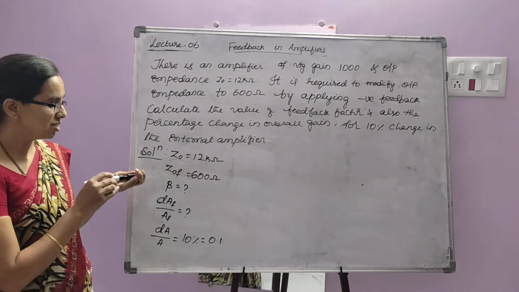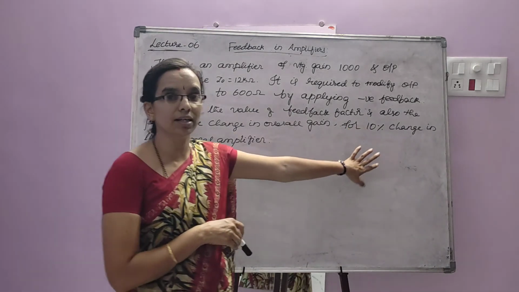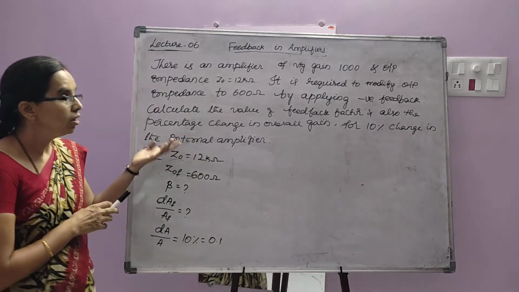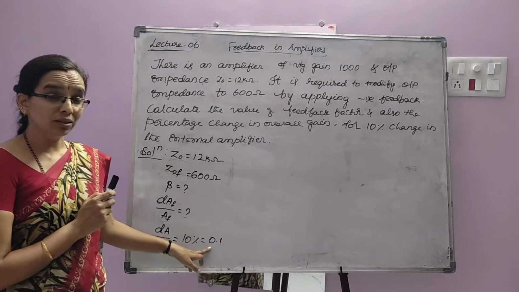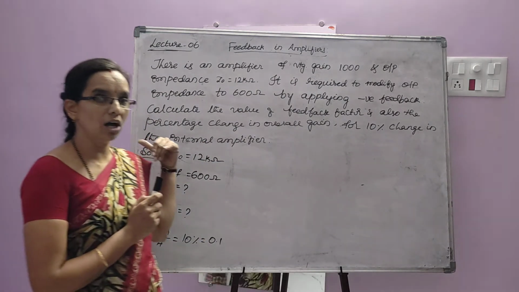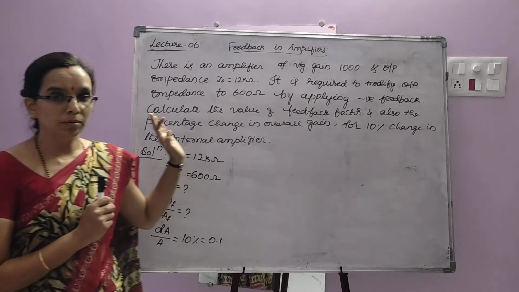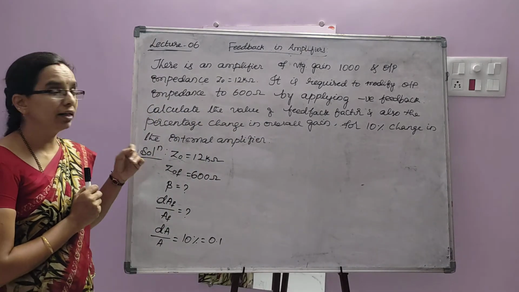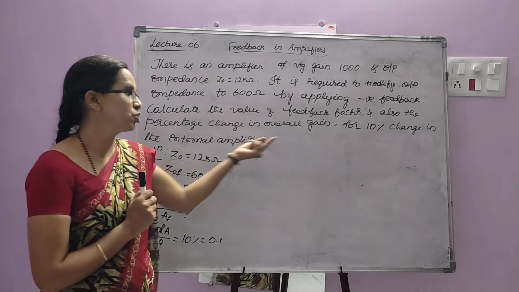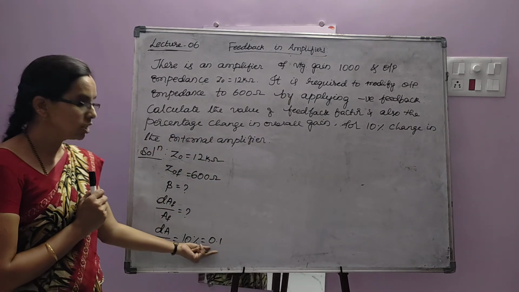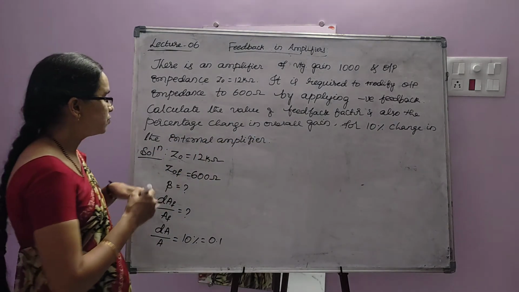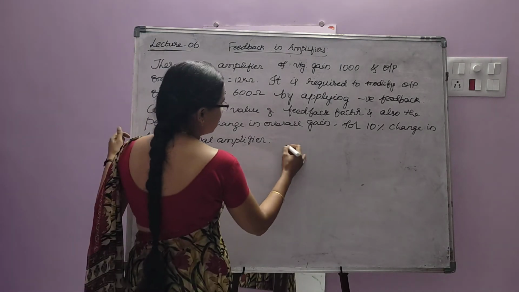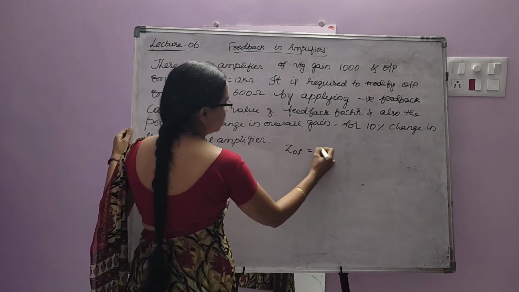They have just mentioned a change, not a reduction or increment, so there is no need to put a negative sign here, because in the last problem on stability we had taken a negative sign. Here we have mentioned only change. So just put 0.1.